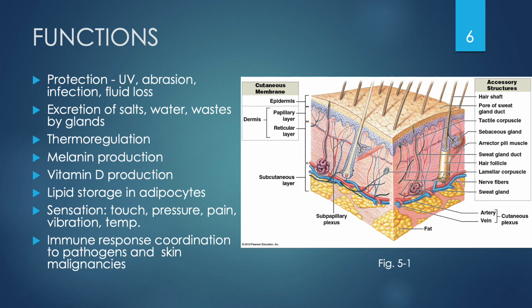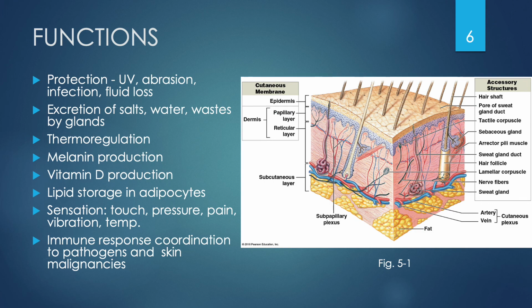The skin also is important in producing melanin, and melanin has a protective effect against ultraviolet radiation, which we'll also discuss later. There's also vitamin D production, which occurs in the skin, which is fascinating because most vitamins are actually only things that we can ingest through our diet, but we can actually synthesize vitamin D through our skin via sunlight. We'll talk about that also.